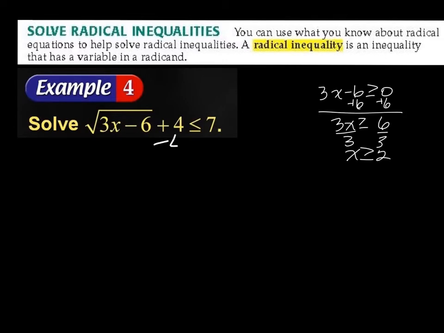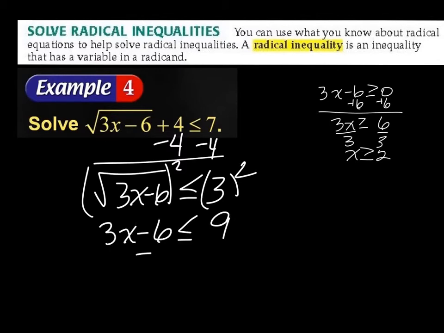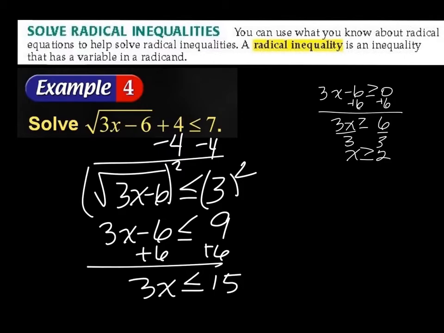And we can isolate the radical, so subtract 4 from both sides, and square both sides. So we have 3x minus 6 is less than or equal to 9. Add 6 to both sides. So 3x is less than or equal to 15.